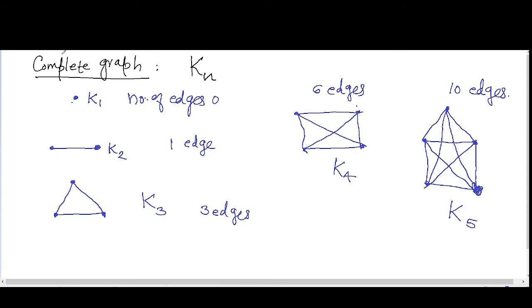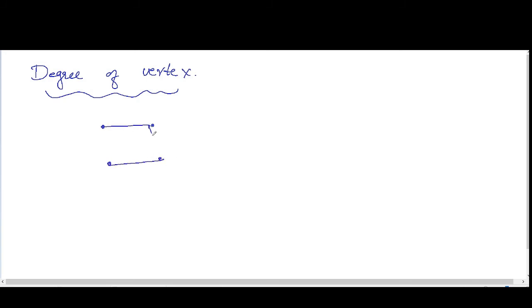Next, degree of a vertex. In order to explain this, we can draw a graph here.